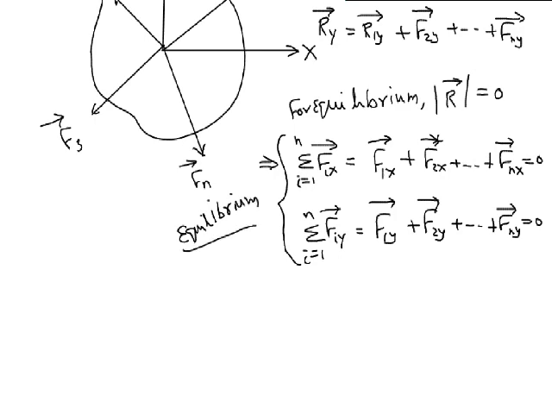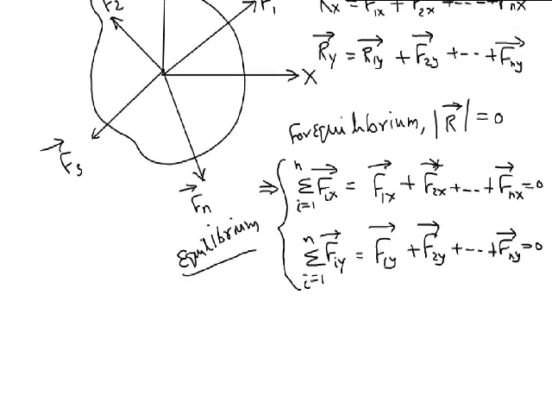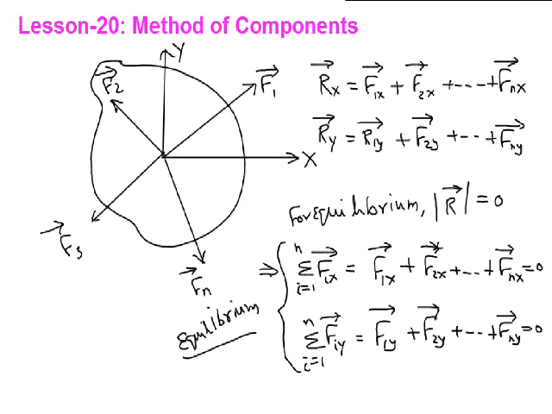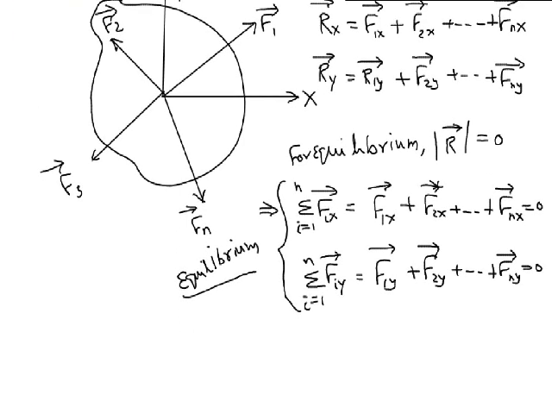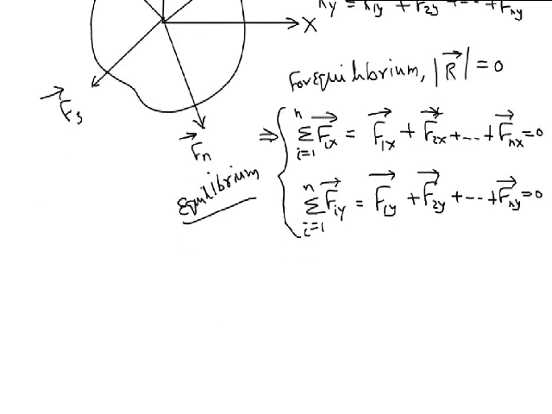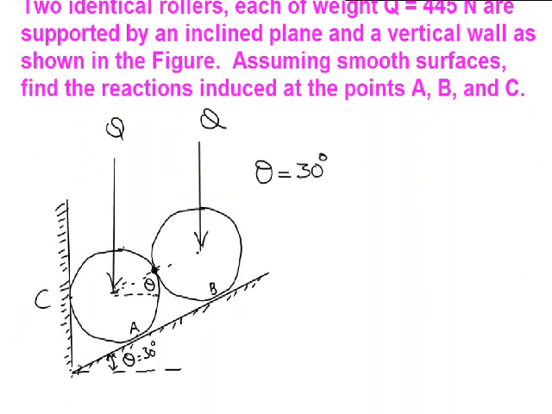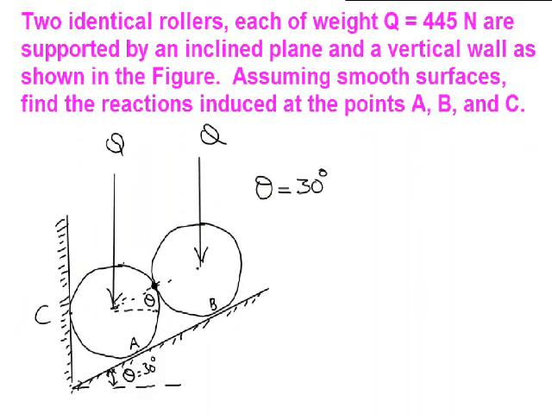when a set of concurrent coplanar forces are acting on a body and they are keeping the object in equilibrium. We'll quickly try to go over an example problem as shown here. We have two rollers. Let us say we name them roller 1 and roller 2.